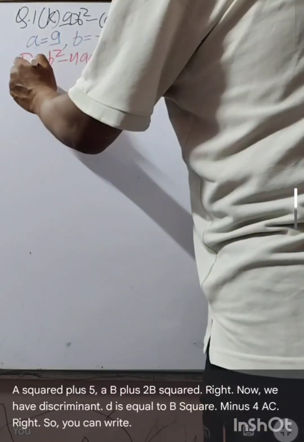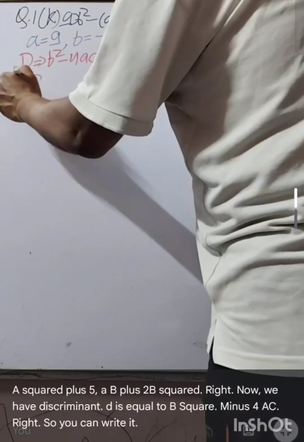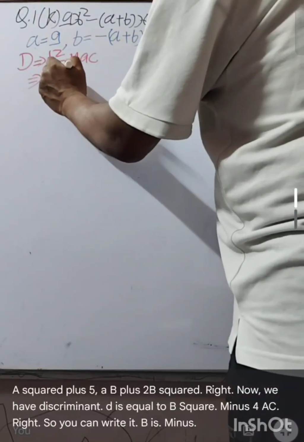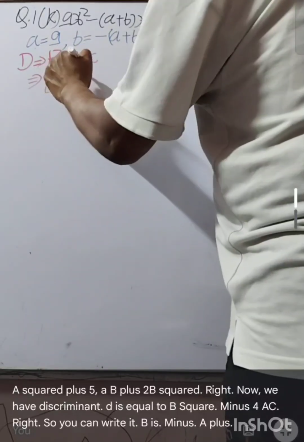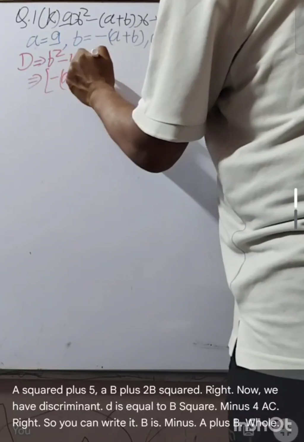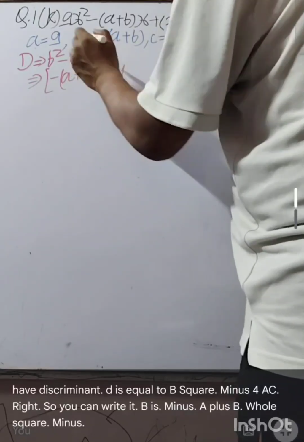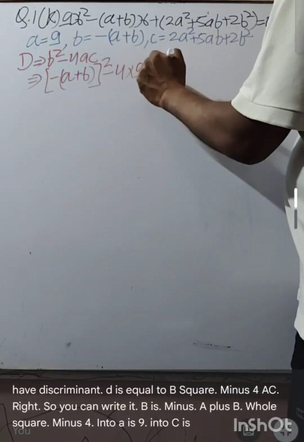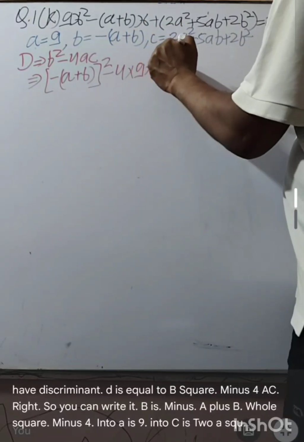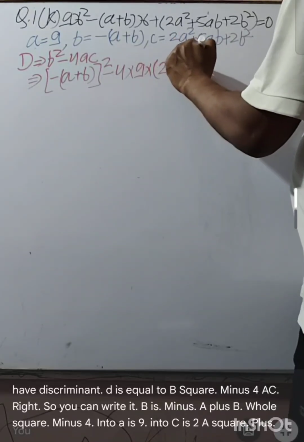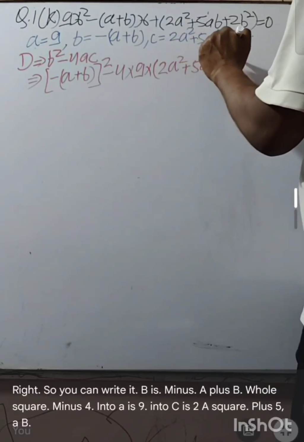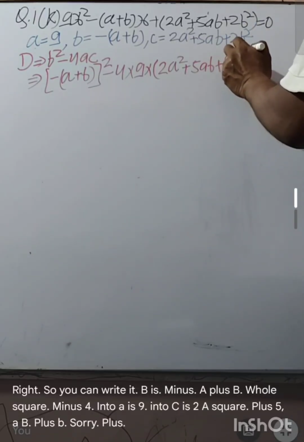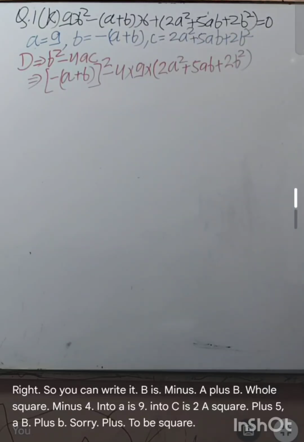So you can write it, b is minus (a plus b) whole square minus 4 into a is 9 into c is 2a square plus 5ab plus 2b square, right?